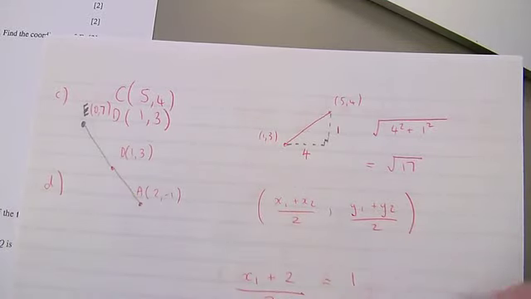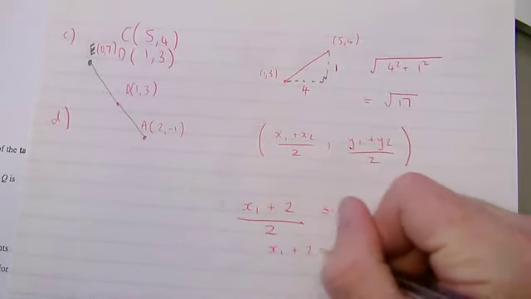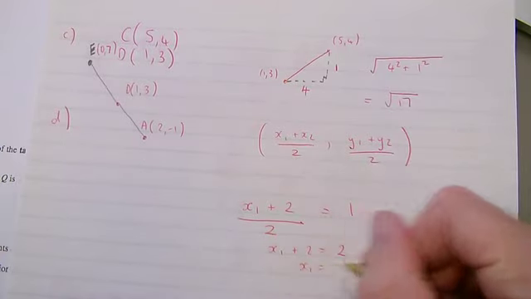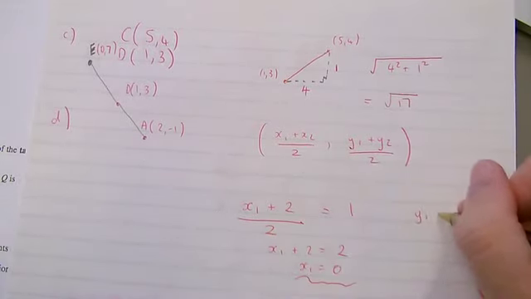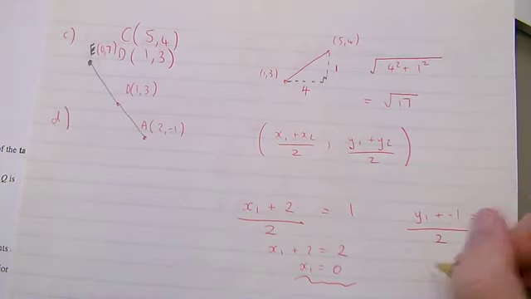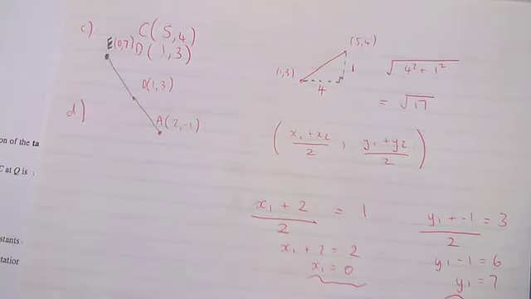So then it's just solving an equation. x1 plus 2 is equal to 2, so x1 is equal to 2 minus 2, x1 is equal to 0. And the same with the y's: y1 plus minus 1, all over 2, is equal to 3. So if I bring that round, I get y1 minus 1 is equal to 6. So then y1 is equal to 7. Okay?